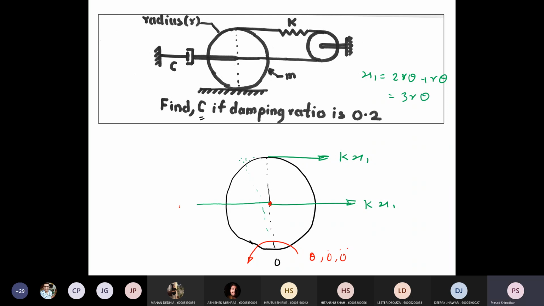Any questions? So the kx at the center will be due to the string tension. Yes. Everybody agrees with me on this equation for x1?